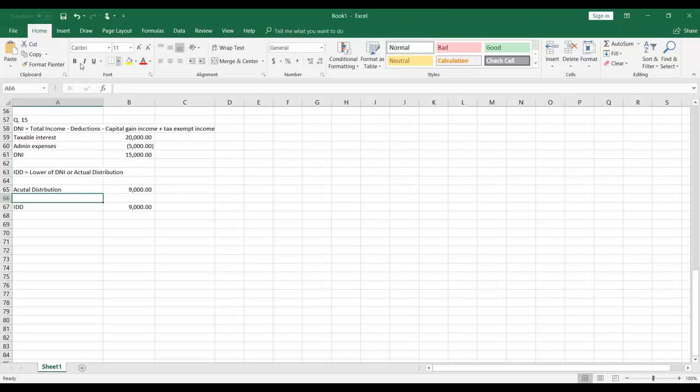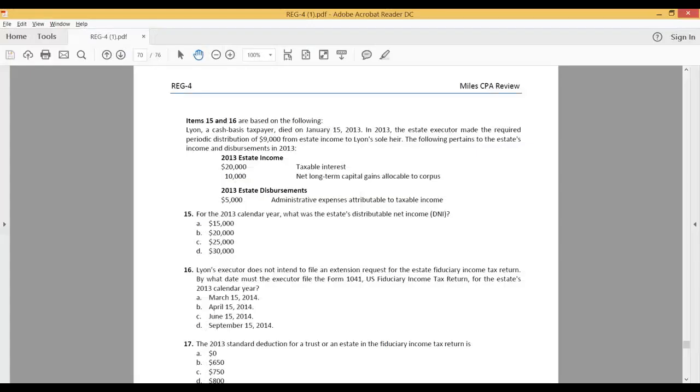Now, let's go to the next question. Lions Executive does not intend to file an extension request for the estate fiduciary income tax return. By what date must the executive file the Form 1041 U.S. Federal Fiduciary Income Tax Return for the estate's 2013 calendar year? So we just looked at the due dates, right?